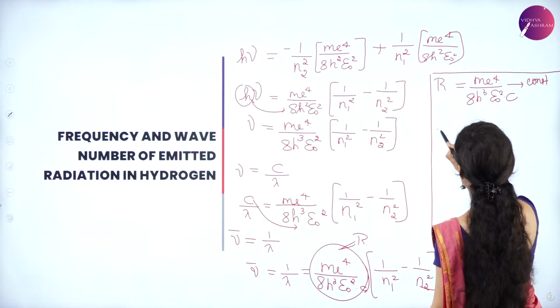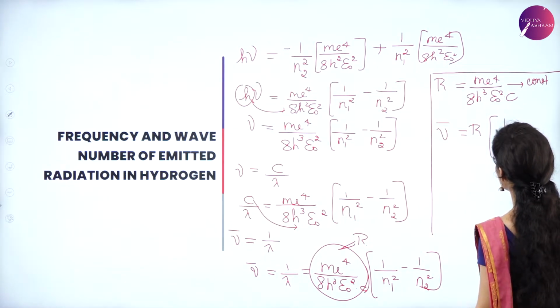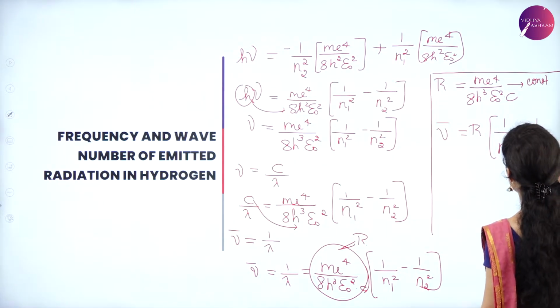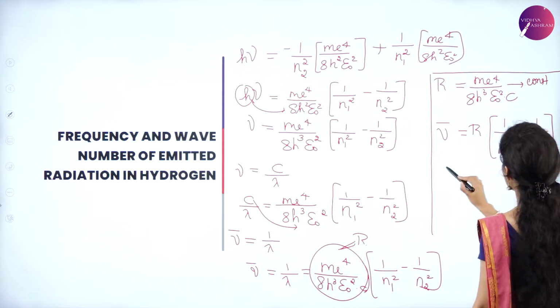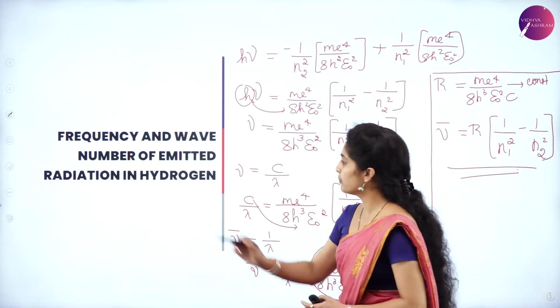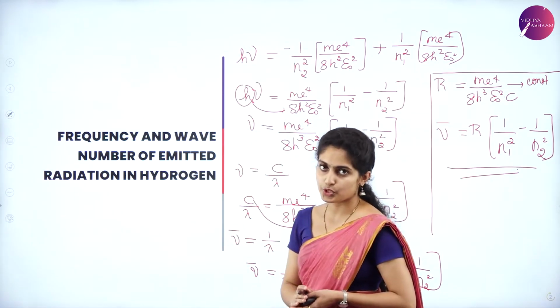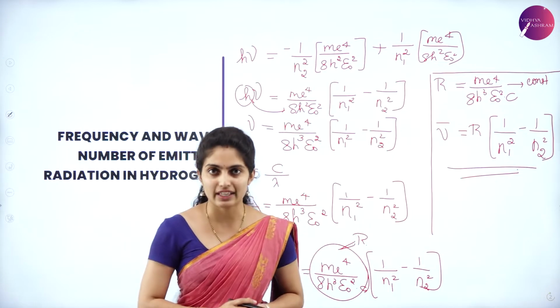So the wave number equation can be written as R into 1 divided by n1 square minus 1 divided by n2 square. So this is the frequency and wave number of emitted radiation in hydrogen. So that is all about this derivation.